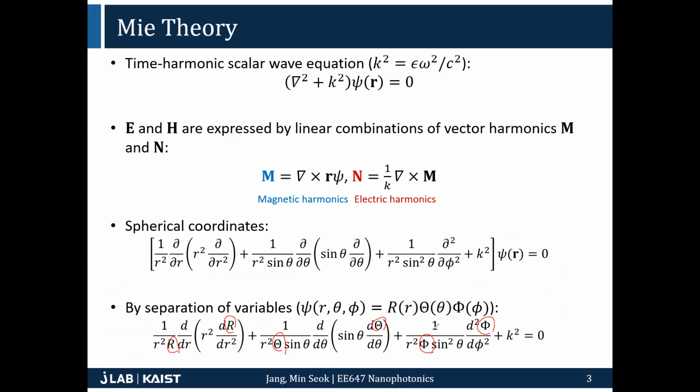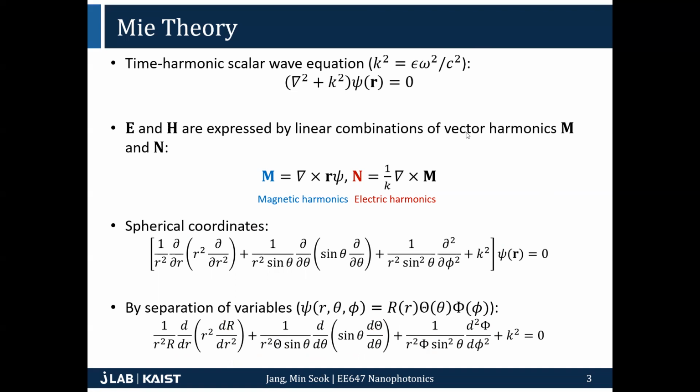So why does this matter? If you do so, then you realize that the first part of the equation only depends on R and the R function, right? And the second part only depends on theta and the theta function. And then the third part only depends on phi, right? So by rearranging the terms, we can make use of interesting techniques.